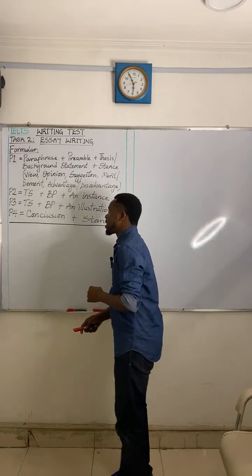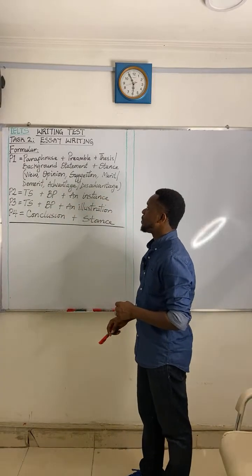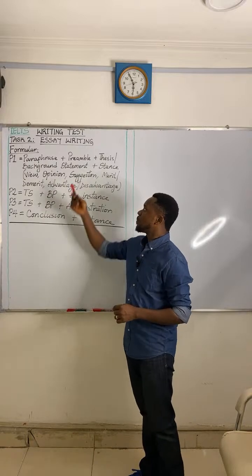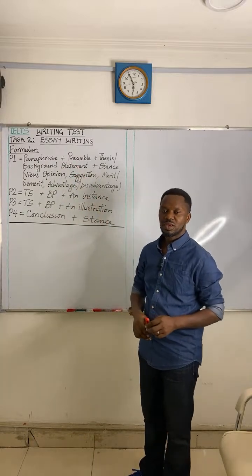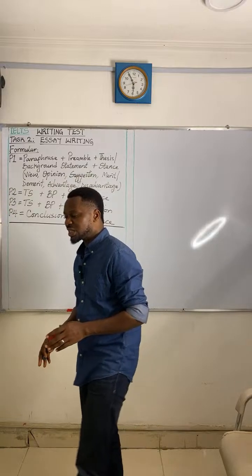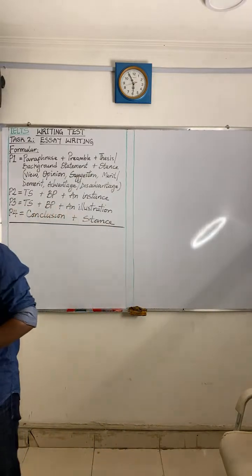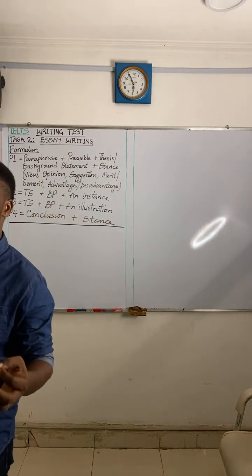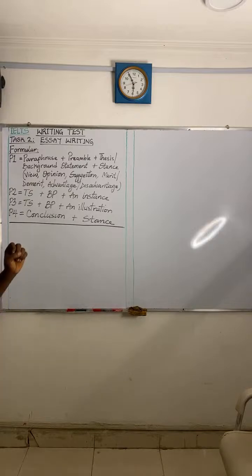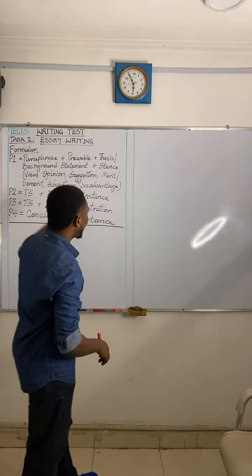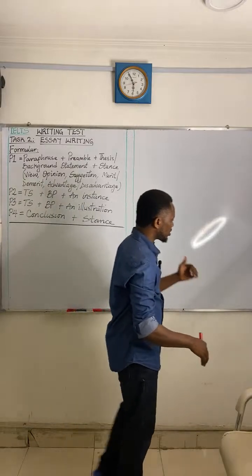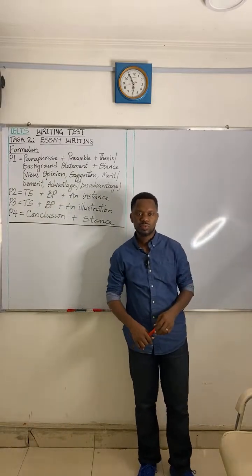Then, after the paraphrase, you may want to have what we call preamble. A preamble. What is a preamble? This is a little synopsis or preview or insight of the question or the issues raised in the question.